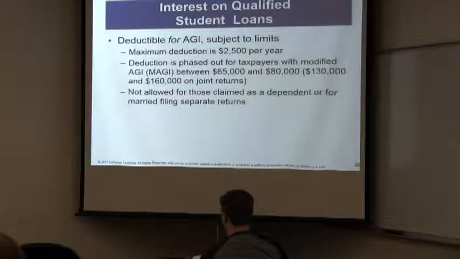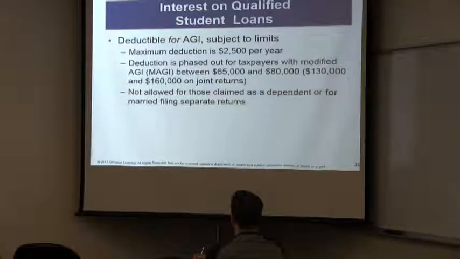Student loans, you can see up here in the slide, it's an above the line deduction. See? For AGI. For everybody. It doesn't matter if you own your own business or not. Everybody gets an above the line deduction. It's on line 33 of page 1.